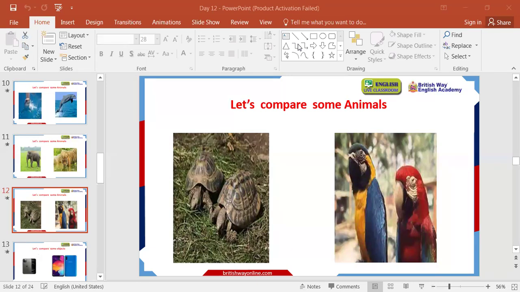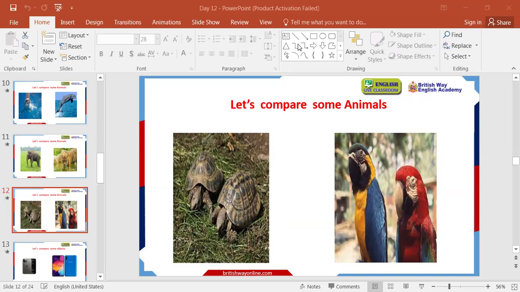Now think of another two animals of your own examples. The goldfish is more expensive than calf.